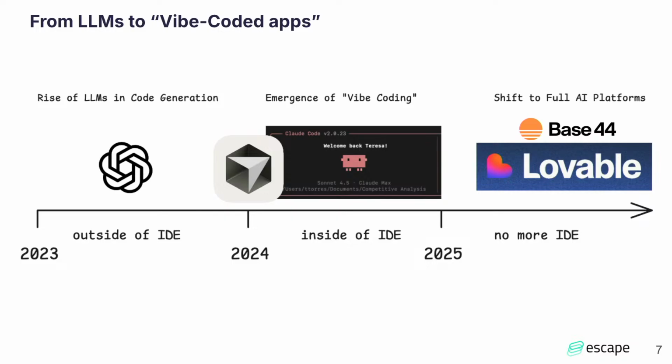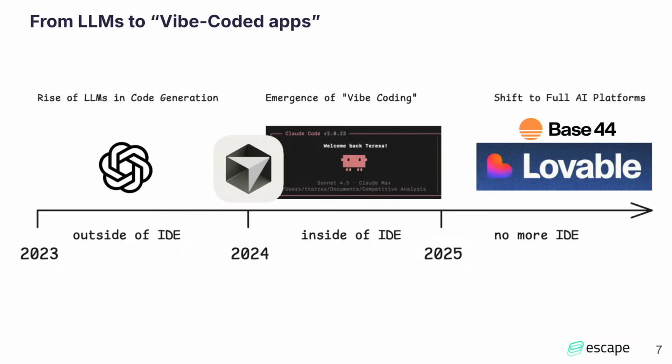Then we started to see some tools appearing inside of the IDEs, the first one being GitHub Copilot, and then some more advanced tools like Cursor or Claude Code, which run directly close to your code. And this created a trend called vibe coding, where you just prompt the agent, you never touch the code, and you let the AI do everything on its own.